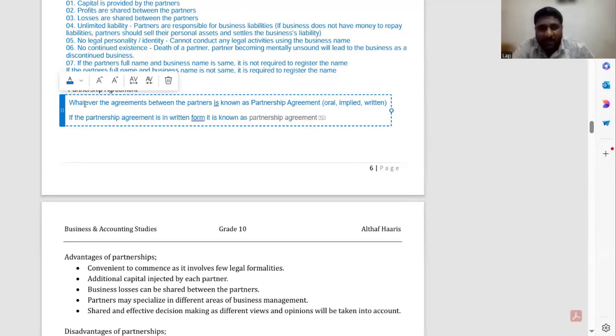You all have studied in your school. It is known as what? Agreement can be anything. It can be a discussed one, can be an implied one, can be a written one. Agreements, terms and conditions can be anything.